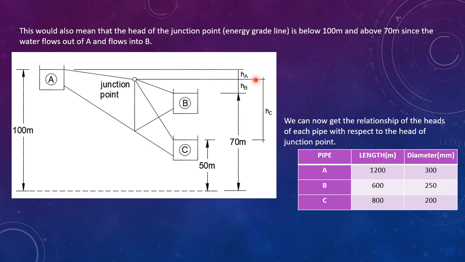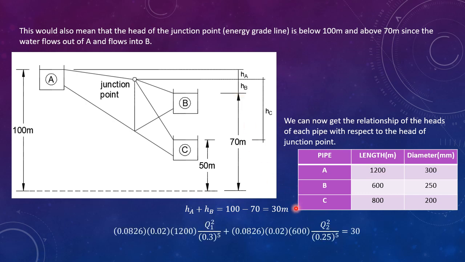We can now get the relationship of the heads of each pipe with respect to the head of the junction point. The first relationship is HA plus HB is equal to 100 meters minus 70 meters, and that is equal to 30 meters.